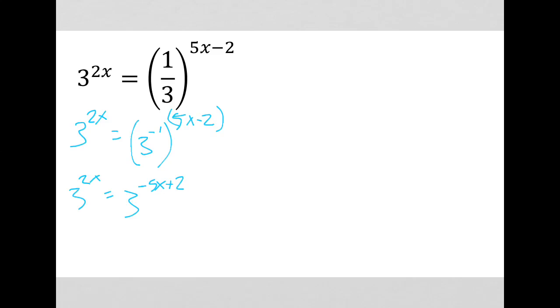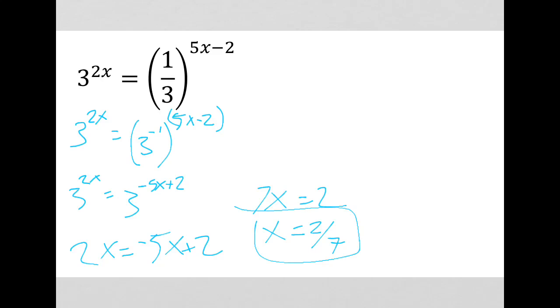And so I can then say 2x equals negative 5x plus 2, so 7x equals 2, and then x equals 2 divided by 7.